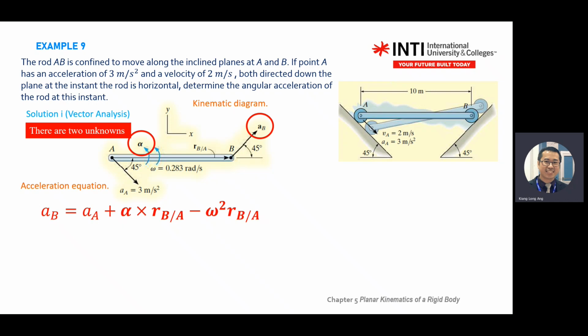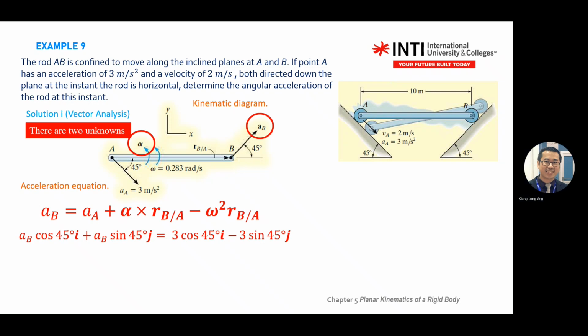You split it into this one is your tangent, this one is your normal direction. So you break your AB, this one, into cos 45 i and sin 45 j. Break into two vectors, x and y. Then same with this one. This one moves down because it slides down. Right, slide down. So 3.